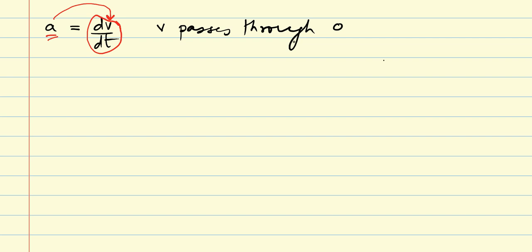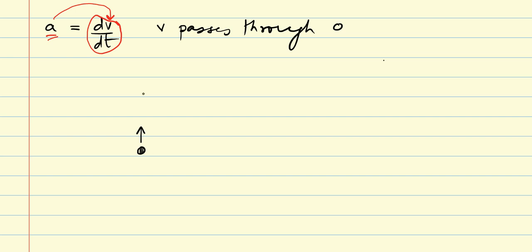So this is an example of how a particle can have non-zero acceleration in spite of having zero velocity for a particular instant. A practical example of this would be that of a stone which is thrown vertically upwards.